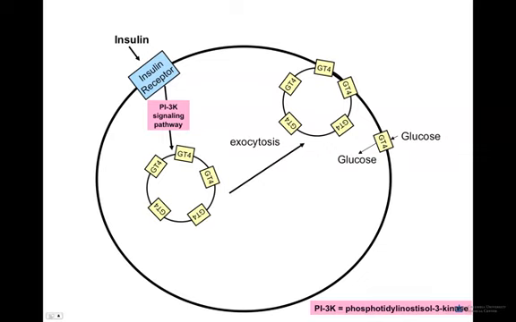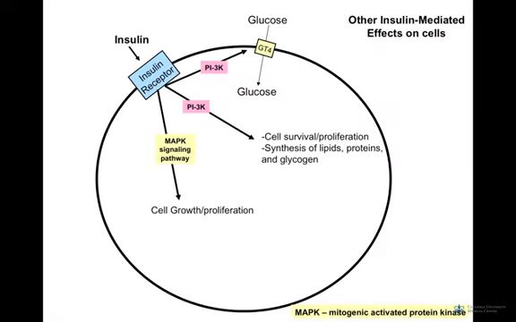Now, interestingly, when insulin binds to the insulin receptor, it does many things to the cell. Allowing for the insertion of the GLUT4 transporters is just one of the things that insulin does to these insulin-sensitive cells. So here we have the one arm where insulin binding to the insulin receptor, acting through this PI3K signaling pathway, causes the GLUT4 transporter to get inserted, and glucose uptake.